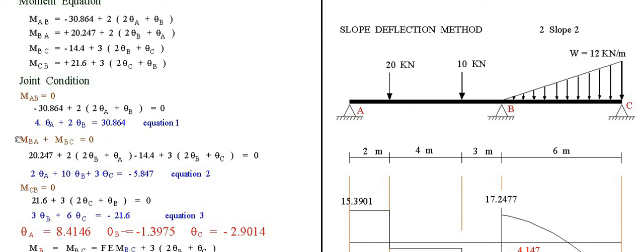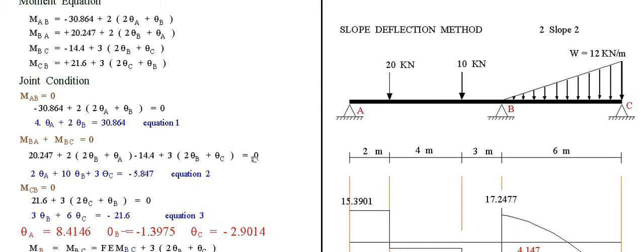Then what is BA? BA is this, then BC is this. You add these two, you have 20.247 plus 2 times 2 theta B plus theta A, minus 14.4 plus 3 times 2 theta B plus theta C.